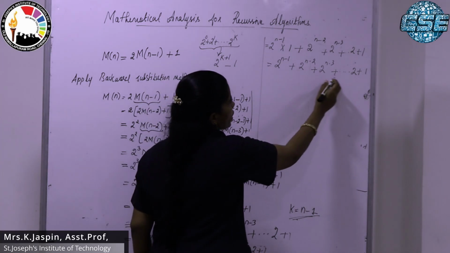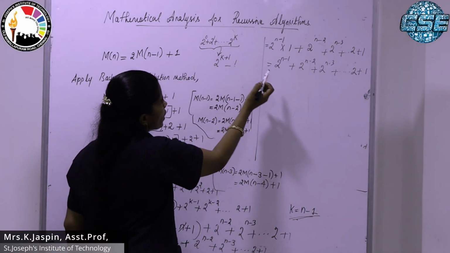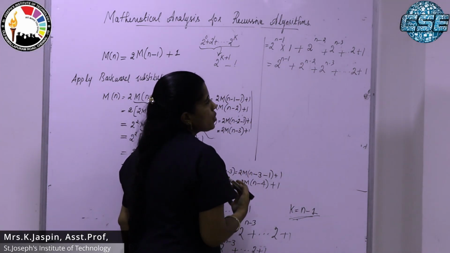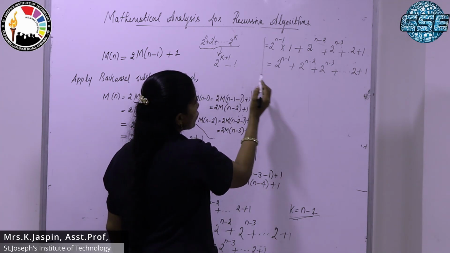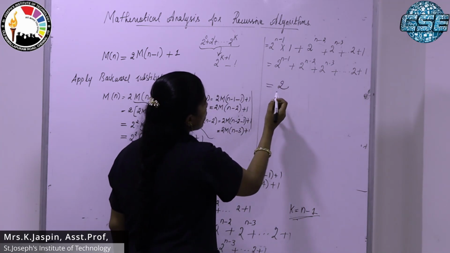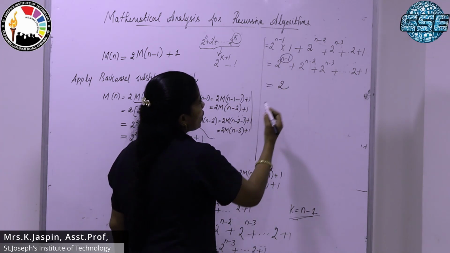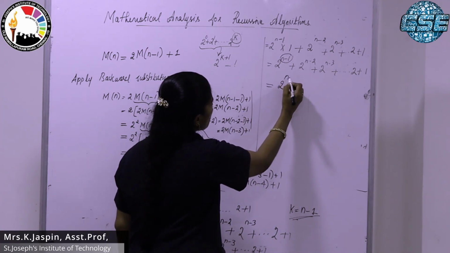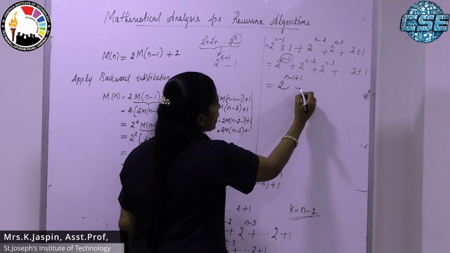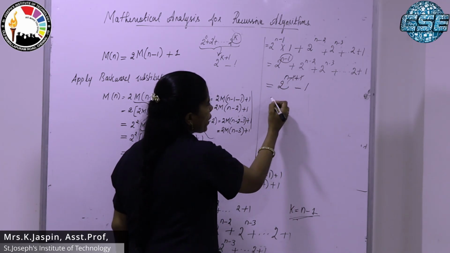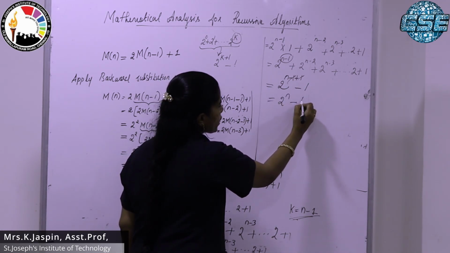So when you see here, instead of k we are having n minus 1. So we have to substitute this in this equation. So instead of k, I need to substitute n minus 1 plus 1 minus 1. So both terms get cancelled, 2 to the power n minus 1.